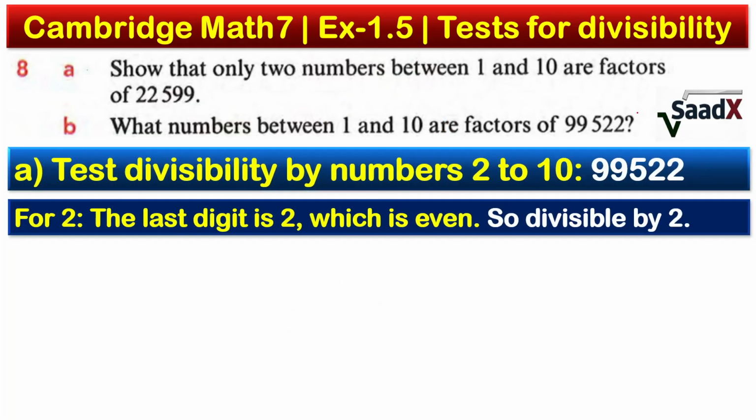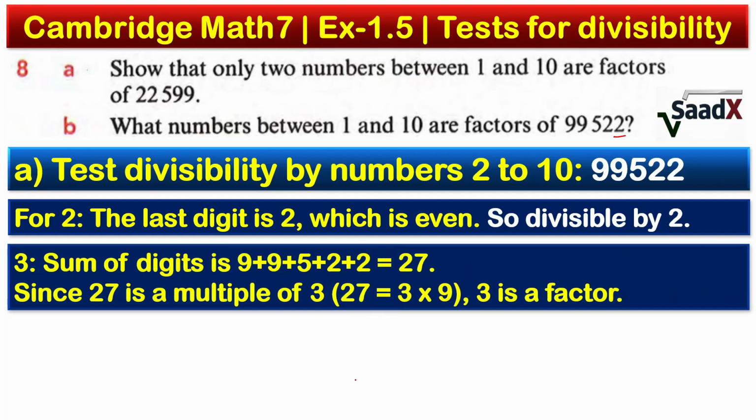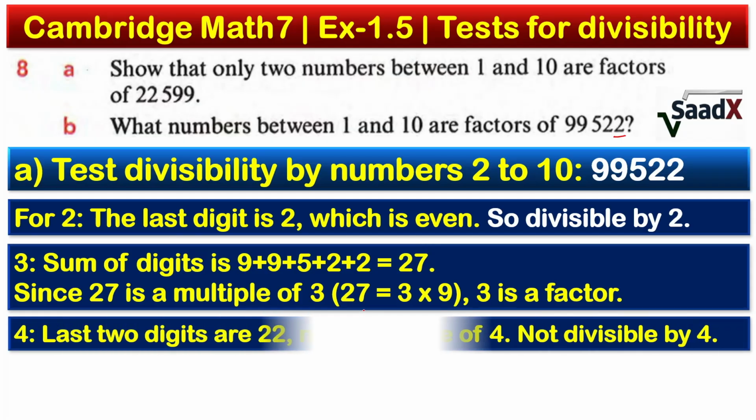Look, the last digit is 2, so it is divisible by 2. Any even number is divisible by 2. For 3, when we add the digits, the result is 27. 27 is a multiple of 3, so 3 is a factor.